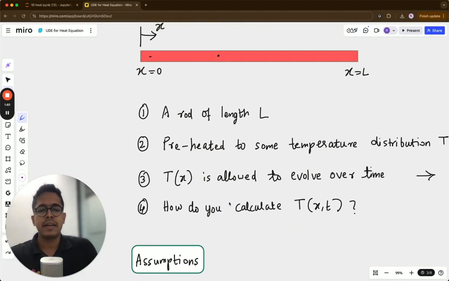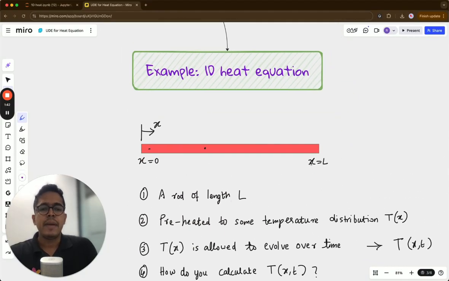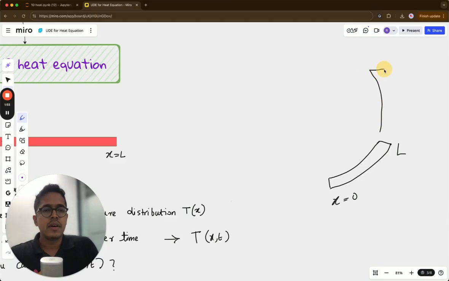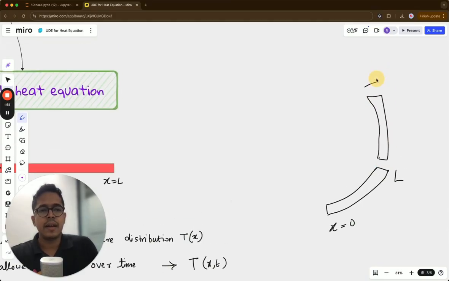What I mean by that is, in this example, imagine you had a circular rod. So let's say your rod was like this. This is X equal to 0 and this is X equal to L. Then you repeat this rod over here. Then you repeat this again and again.